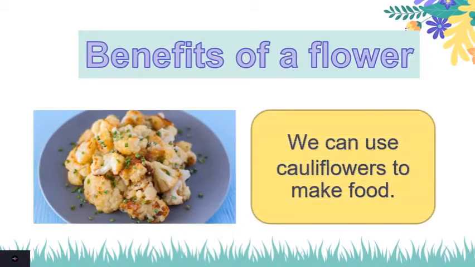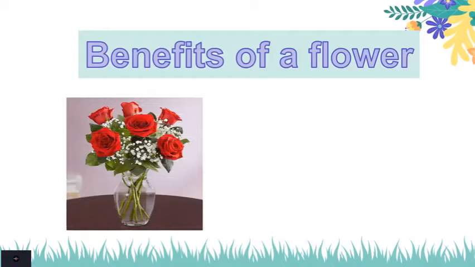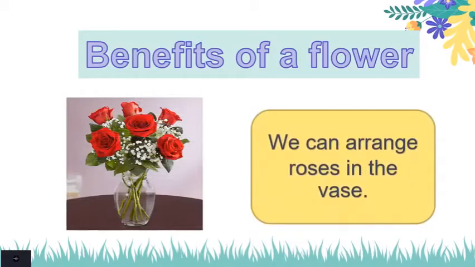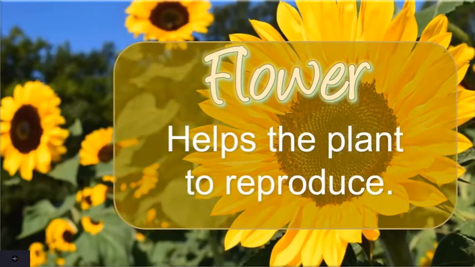We can eat some of the flowers. And most especially, we can use flowers as decorations. We can arrange roses in the vase. Don't forget, flowers are very important. They help the plant to reproduce.